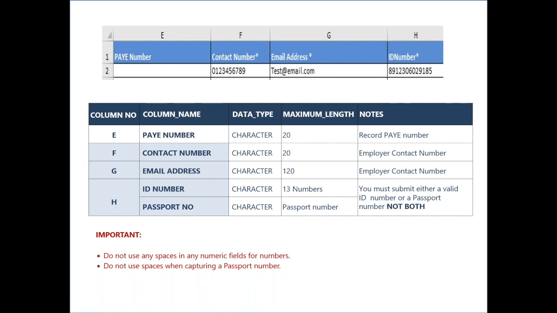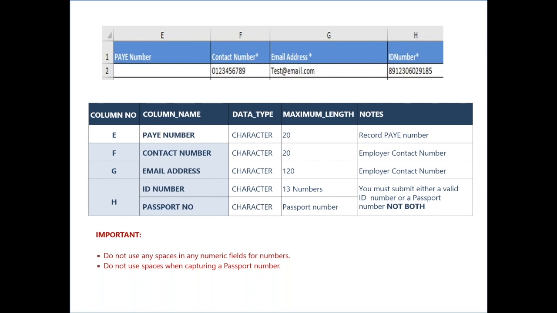In terms of your template, your ID number, you've got the option of either the ID number or the passport number. You'll need to submit a valid ID number or a passport number, not both, because the field makes provision for 30 characters. Please don't make that error. Your ID number is 13 digits and your passport number has alphanumerical characters in it.